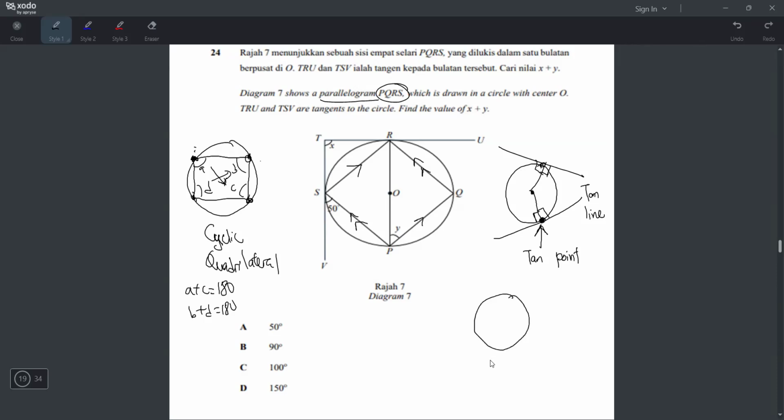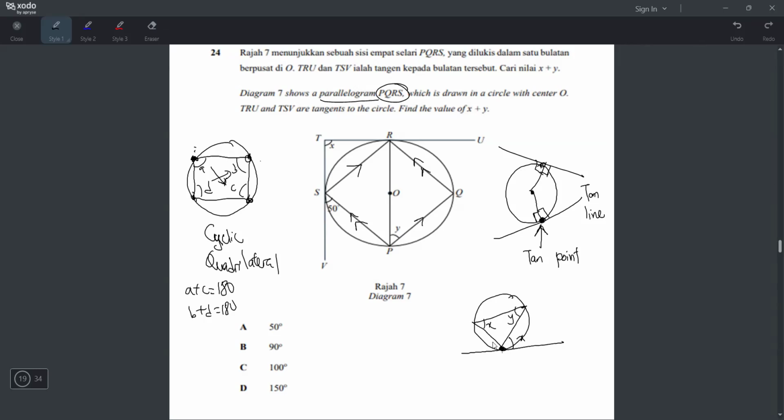Next thing I want to talk about is when you have a tangent line like this, which touches at one point. This point we call the tangent point. If you draw two lines from the tangent point to the side of the circle, forming a triangle like this, then this angle and this angle will be the same. Let's call it x.